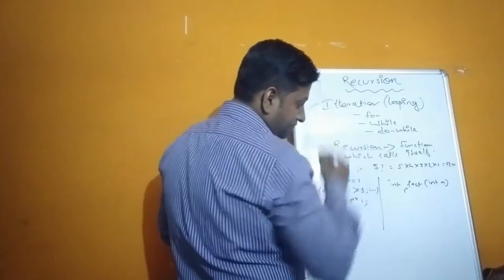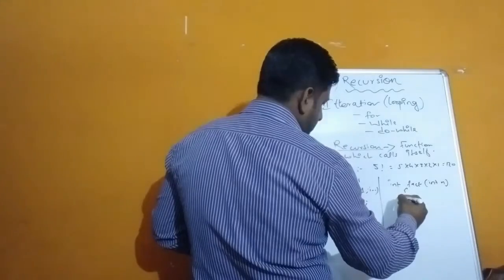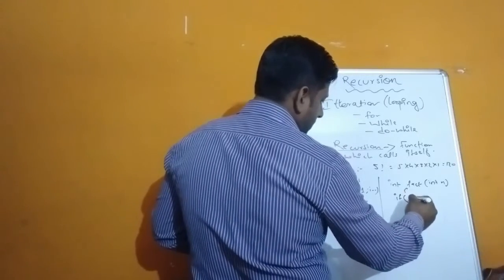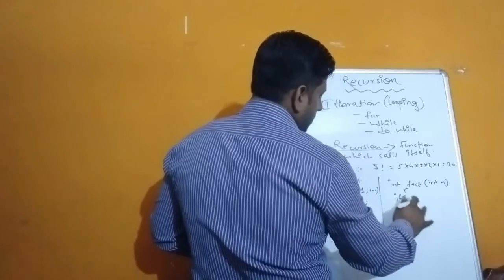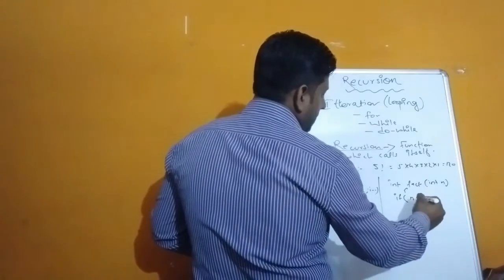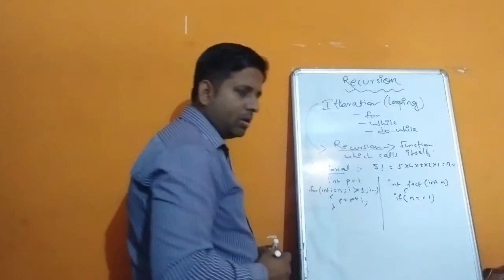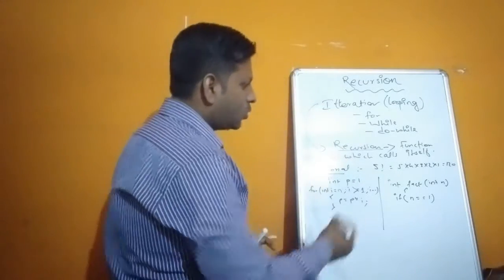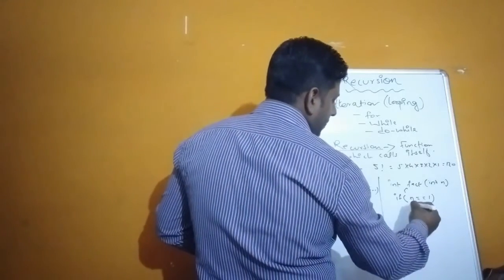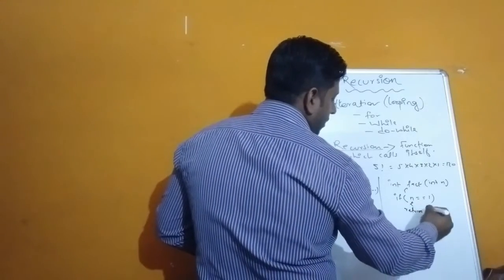Now see, if the number is equal to 1, that means the factorial of 1 is 1 only, so we'll write return 1.